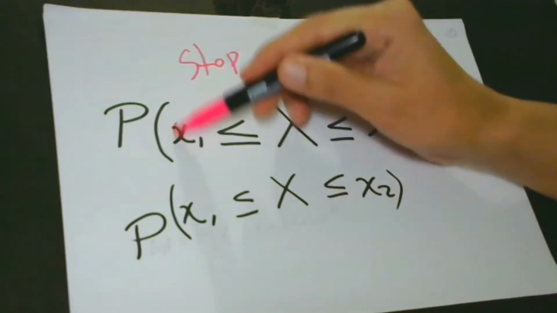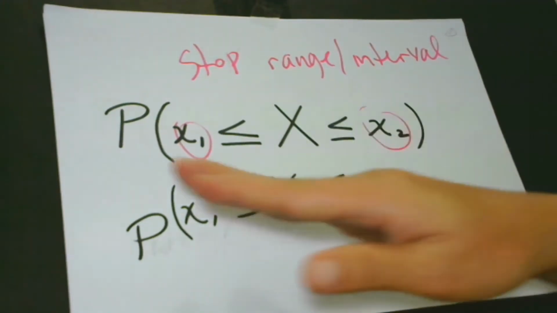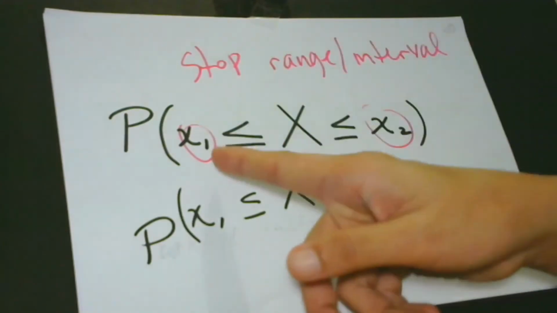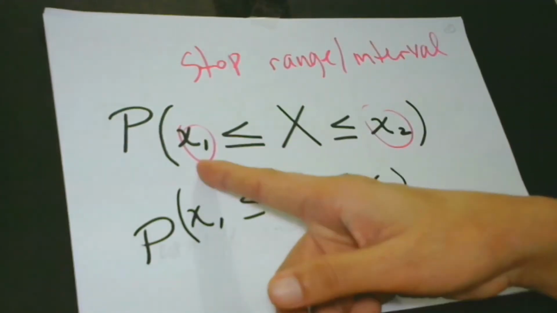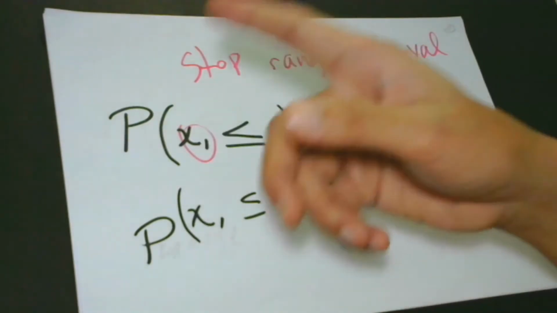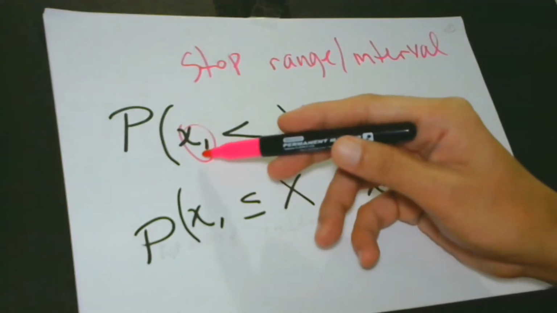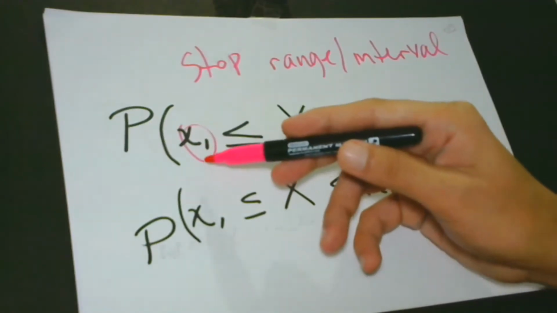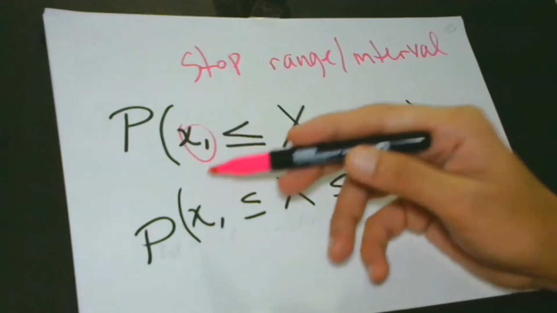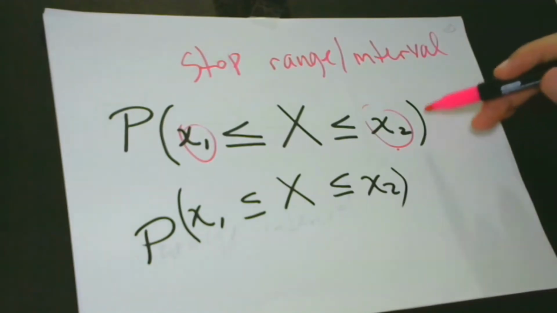So x1 here and x2 here are actually the points of interval from the lowest to the highest. So this is the negative infinity and the infinity. Why negative? The negative here means that it is the beginning or the lowest interval, the lowest point in the interval, and here is the highest point in the interval. Okay, so anyway, these and these are just the same.